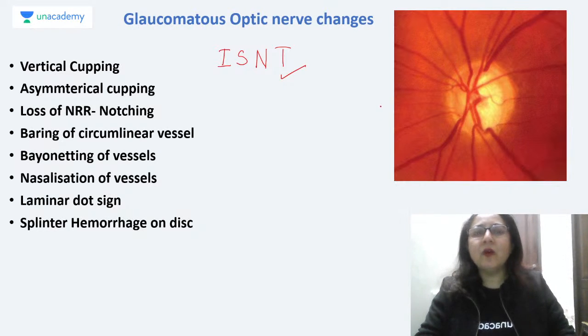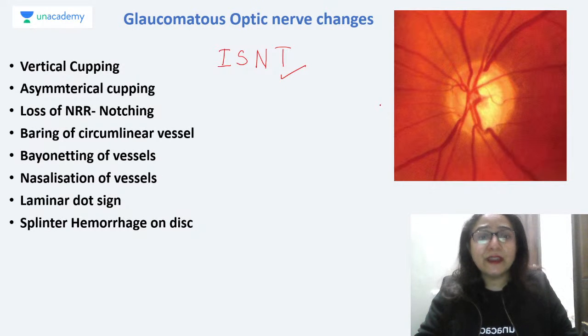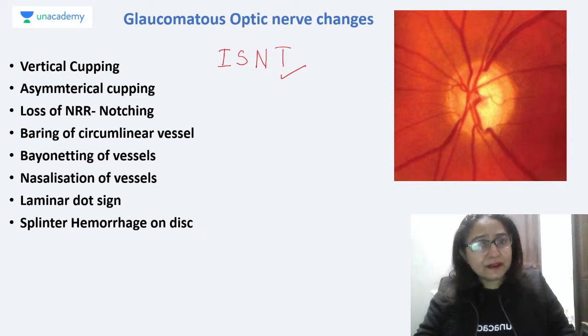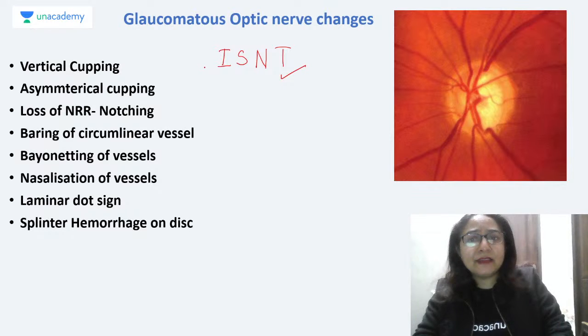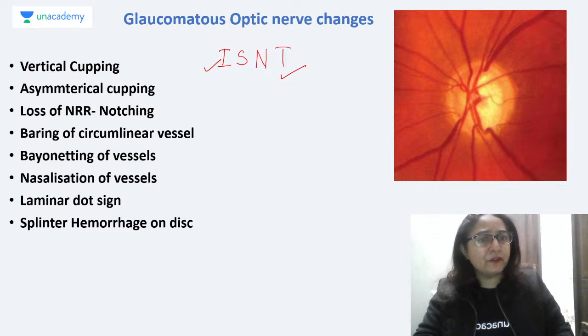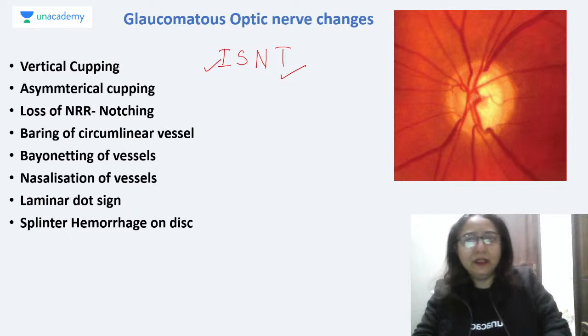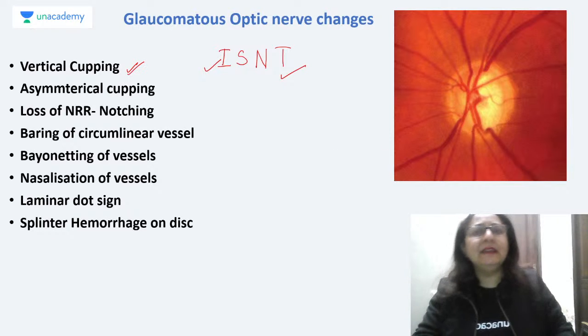We know in glaucoma it is the ganglion cells which are getting damaged and die, which leads to nerve fiber layer loss, which results in neuroretinal rim thinning. Okay, so this starts in the inferior rim first and then in the superior rim, which makes the cup now appear vertical. So vertical cupping is highly suggestive of glaucomatous optic nerve changes.